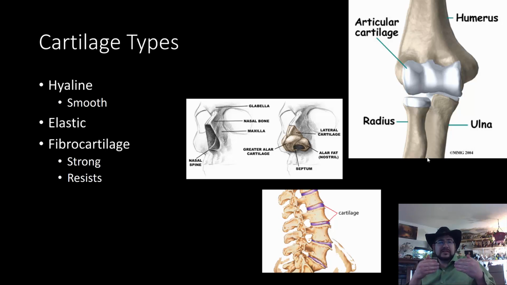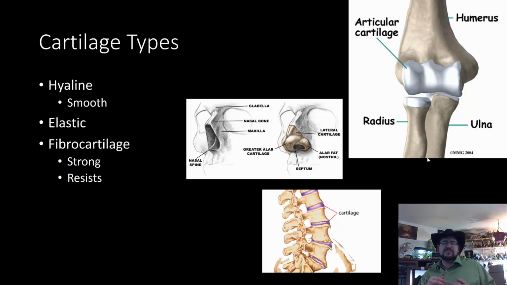They call it the pubic symphysis. Naturally, that pubic joint is pulling. There's tension pulling it apart, and so the fibrocartilage resists the tension.